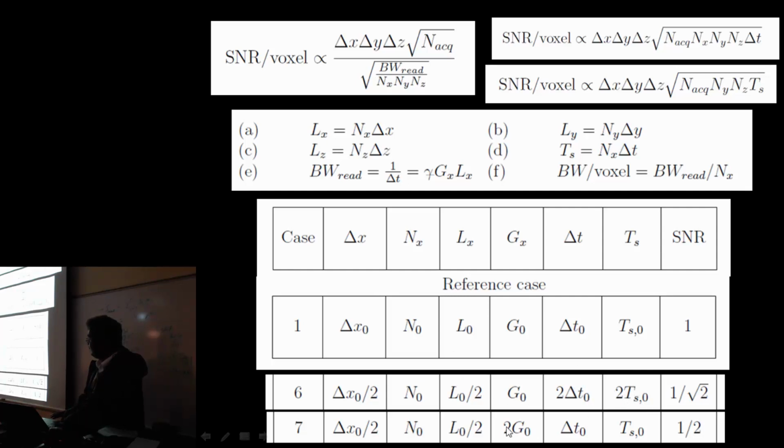So now in this case you're increasing your gradient, so basically your signal to noise ratio is square root 2 worse, but your T2 star effect is not that bad, meaning that your TS is the same, so your T2 star effect remains the same relative to the initial scenario. So what is more important for you?